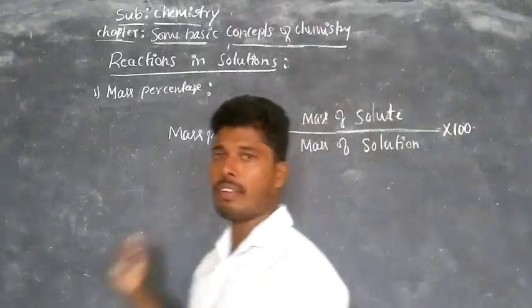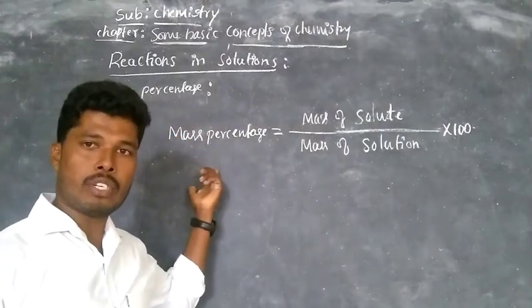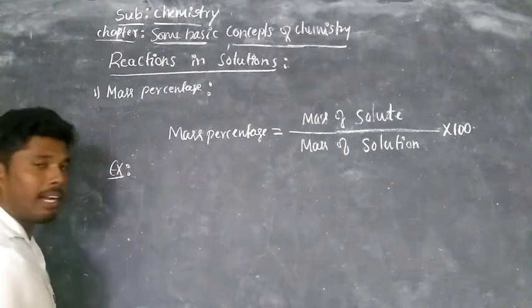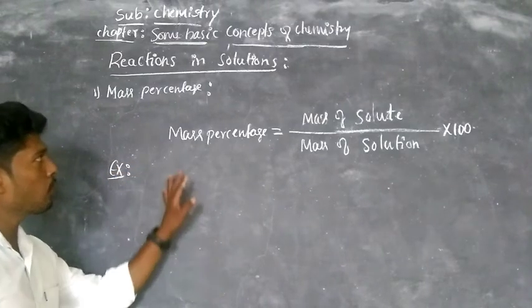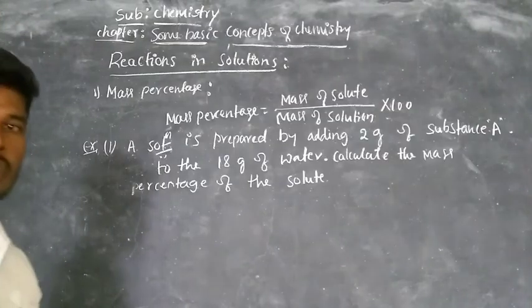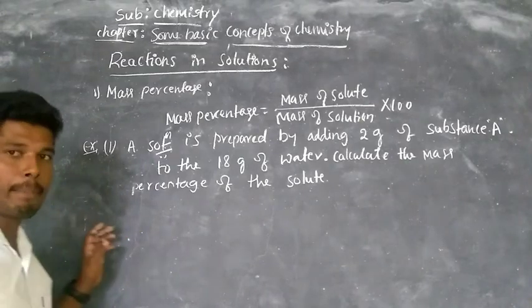Now based on this we have to calculate the amount of substance present in the solution. Let me show you how to calculate the mass percentage. Listen, take an example, a problem.